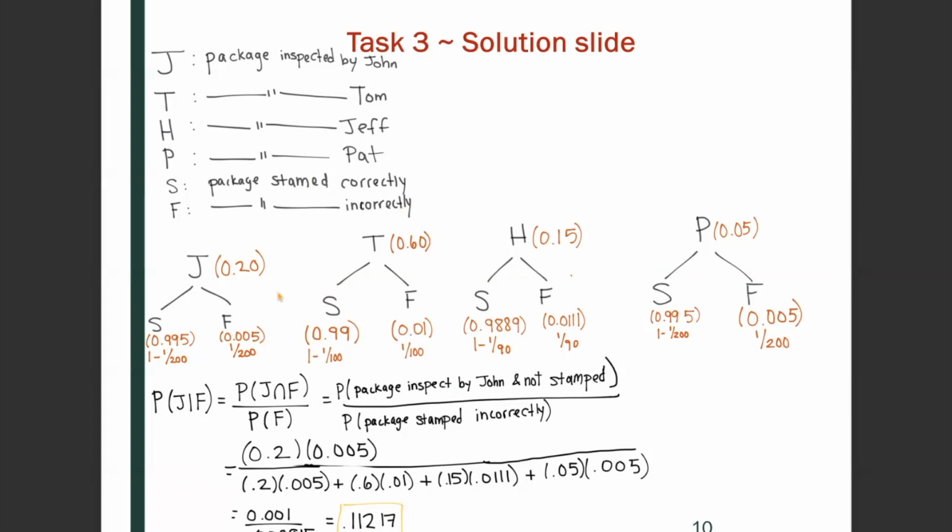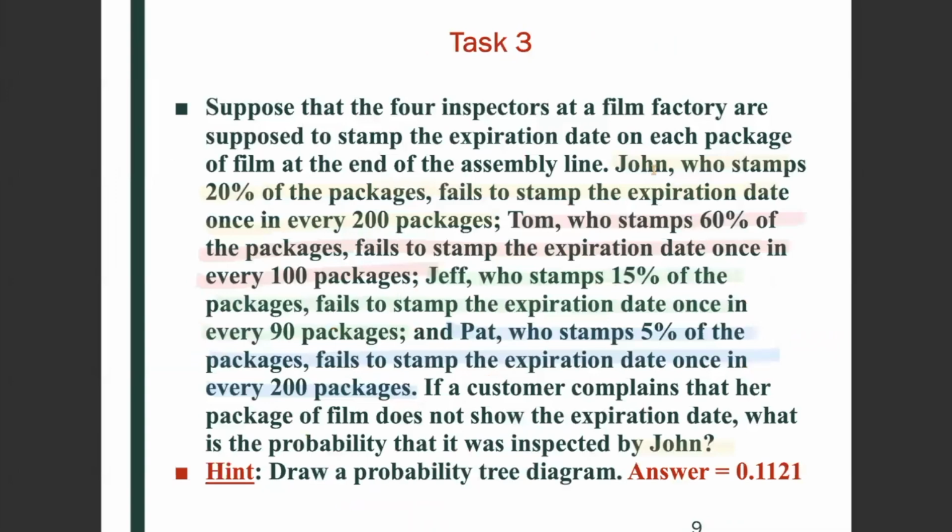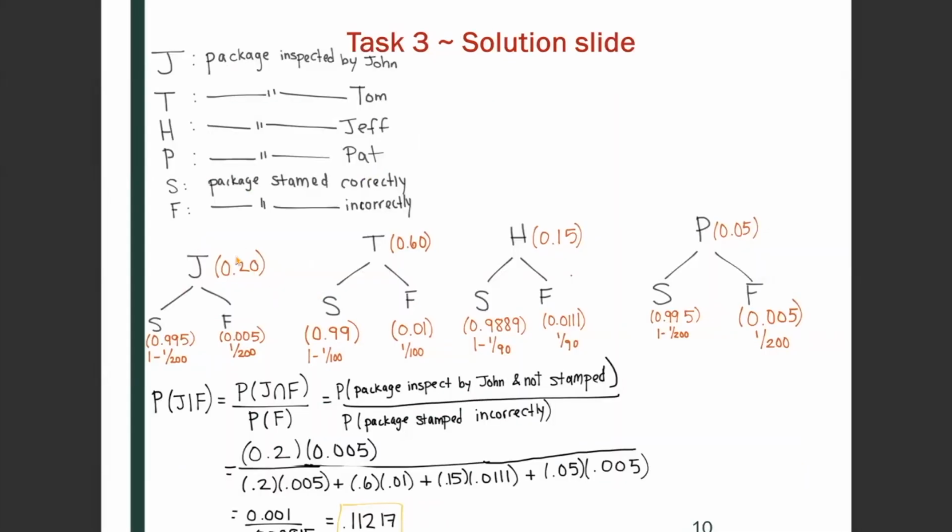Okay, so first I'm going to draw tree diagrams for what I know. So here, event J is that the package is inspected by John. So if we go to the information we were given, John stamps 20% of the packages. So here we have 20% or 0.2.